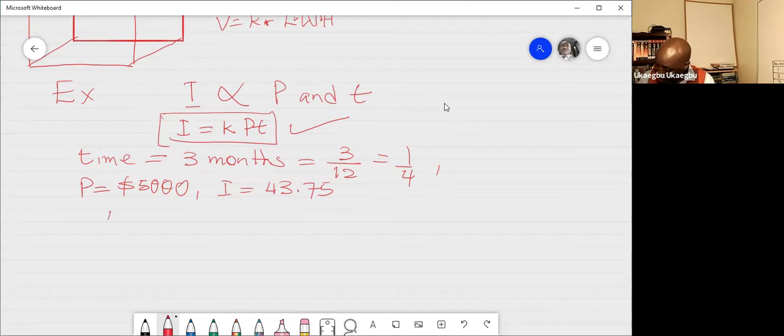So you have 43.75 is equal to K, which we don't know. That's what we are looking for. And the principal is 5,000. And then the time is, they usually do investment per year, which is 1/4.